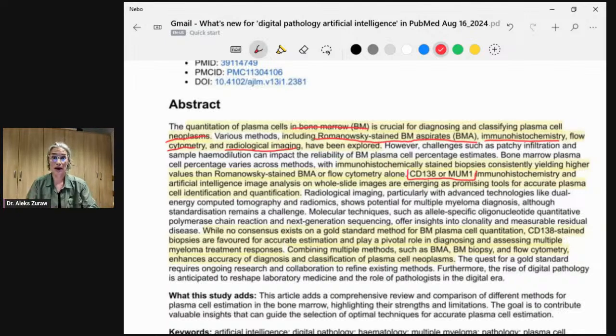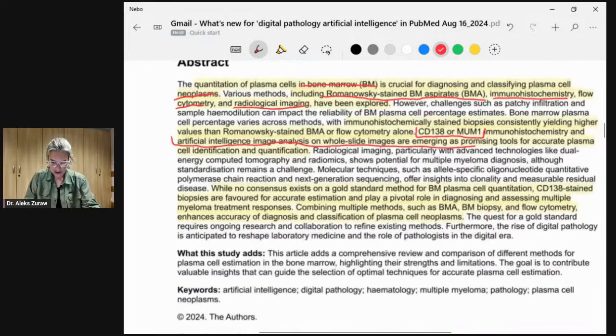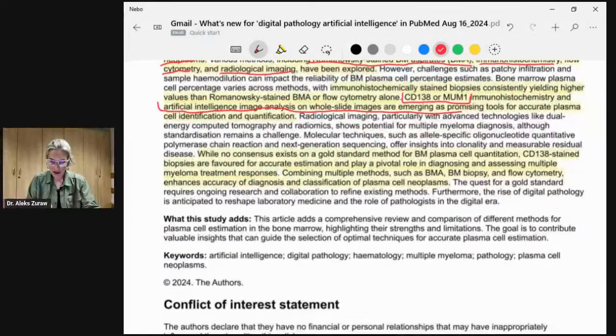And if you have something stained with IHC, you can quantify it with image analysis, and now image analysis is AI powered, so we can do it on whole slide images, and this is promising. That was a quick one. Basically, how can you do it, and can you use digital pathology as well? Yes, and it seems to be one of the most promising methods here.